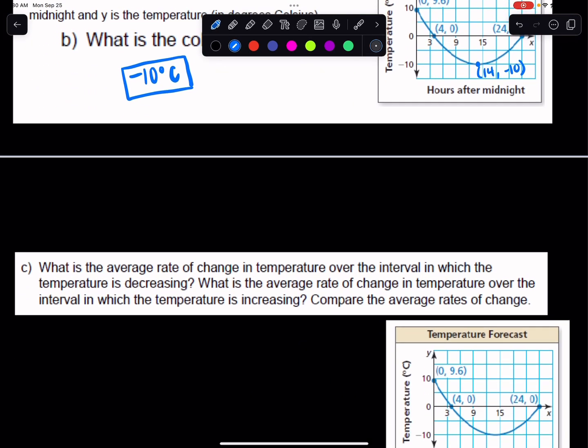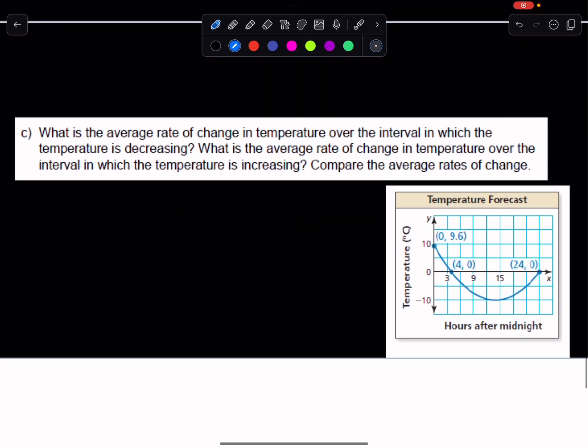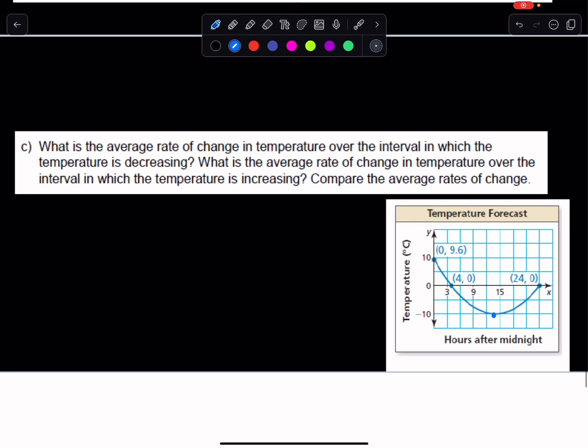All right, part C. What is the average rate of change in temperature over the interval in which the temperature is decreasing? So the interval in which the temperature is decreasing is from here to right here. That's that negative slope. And I'm going to label this point again. That was 14, negative 10.